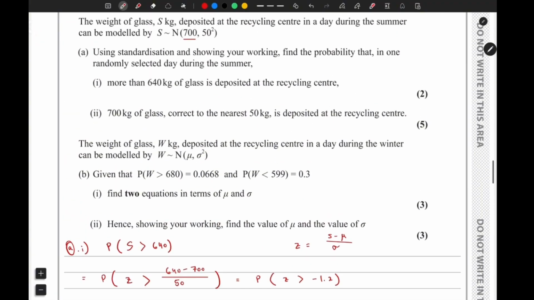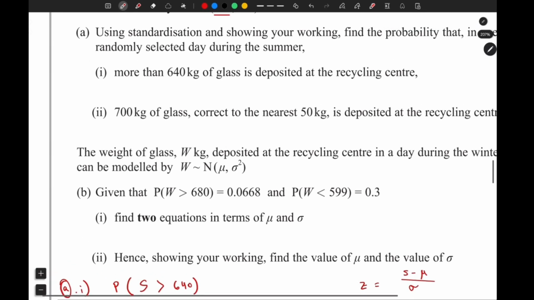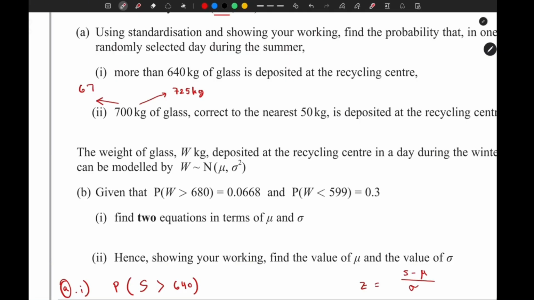Now for the second part, we need to find the probability that 700 kilograms of glass, correct to the nearest 50 kilograms. So 700 kilograms of glass means the upper bound for this will be 725 kilograms and the lower bound will be 675 kilograms, because the degree of accuracy is 50 kilograms.